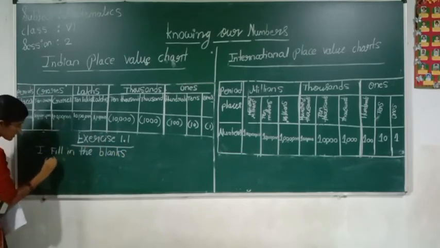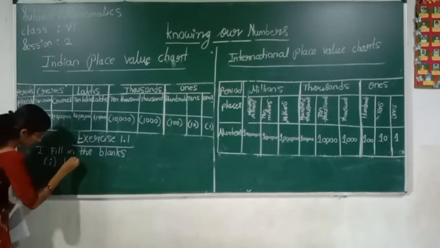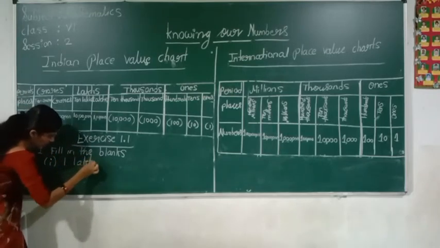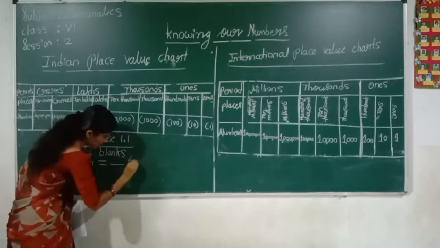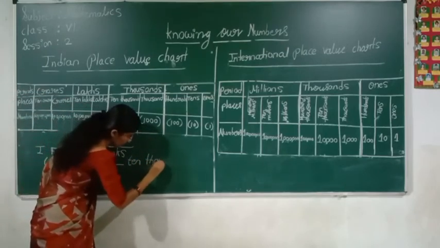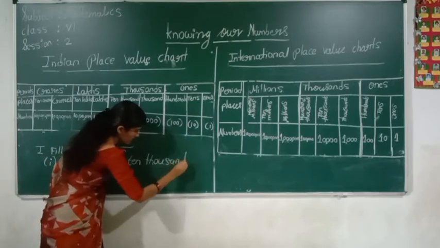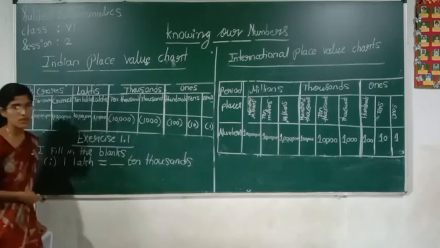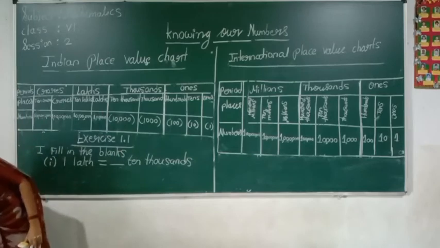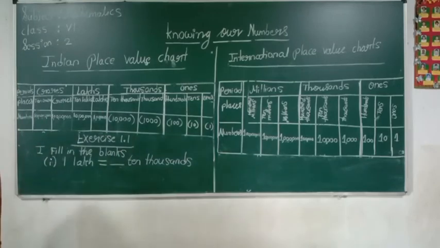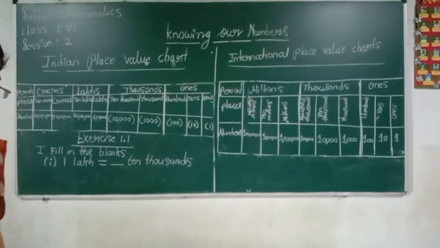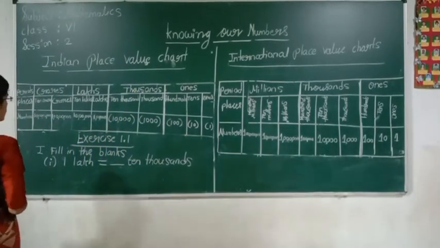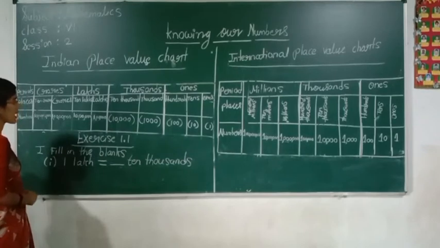Say the first one is: 1 lakh is equal to dash 10,000.